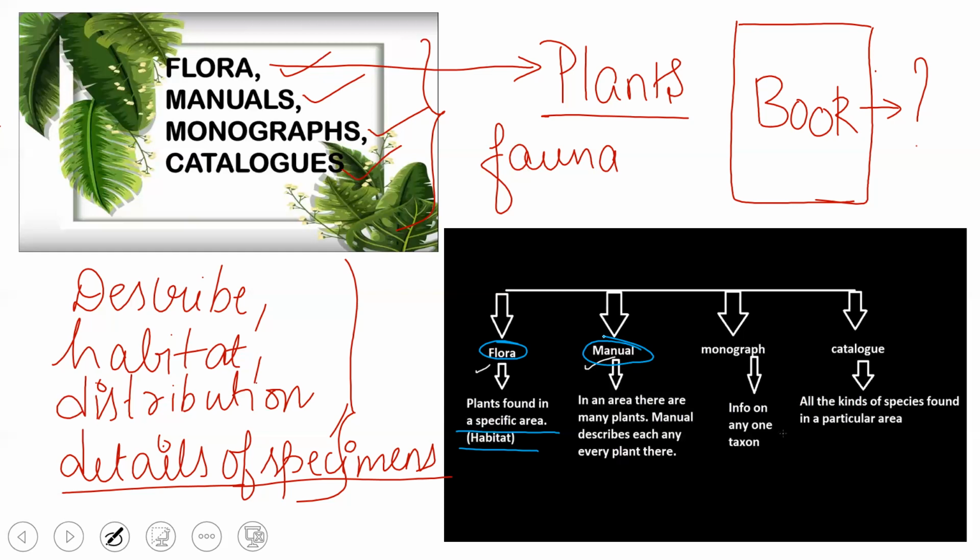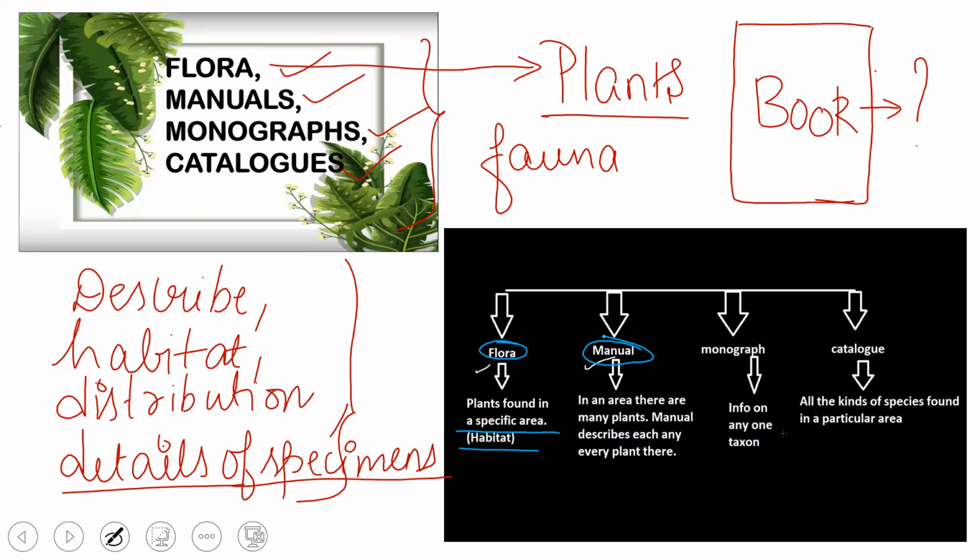Like if you take an X plant, it describes the root system, the modification of the root, the stem, the height of the stem, the nature of the stem, and then the branches, the color of the flower, the position of the flower, the structure of the flower, and then the parts which are present there, the number of gynoecium, number of androecium, even the cotyledons, like that. In detail, the manuals are going to provide information for a particular plant specimen.